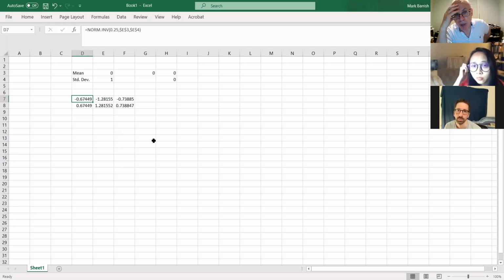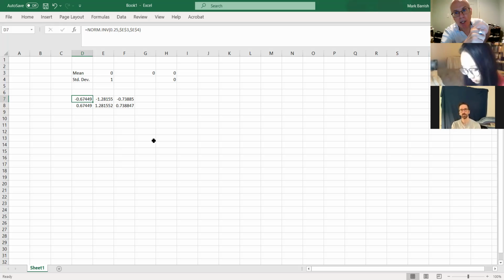Negative 0.7388 for the 23rd percentile, and positive 0.7388 for the 77th percentile. Both of those, the tails are equal. So those match also for that reason.